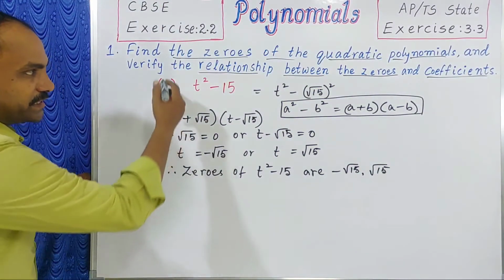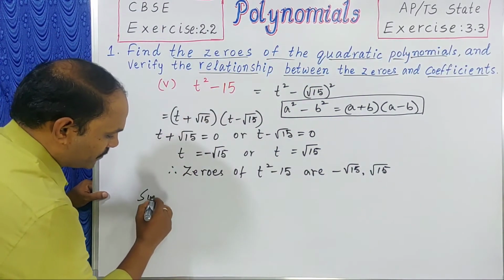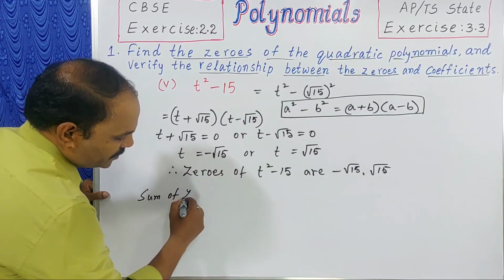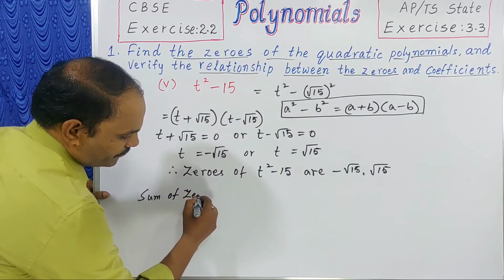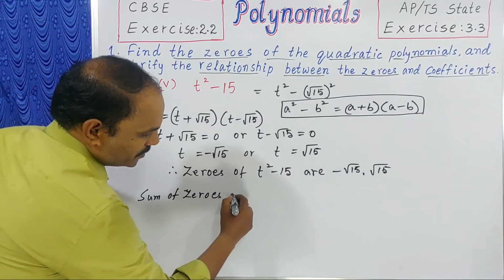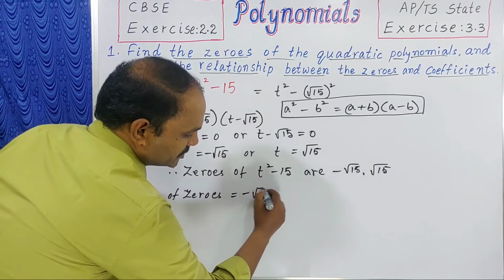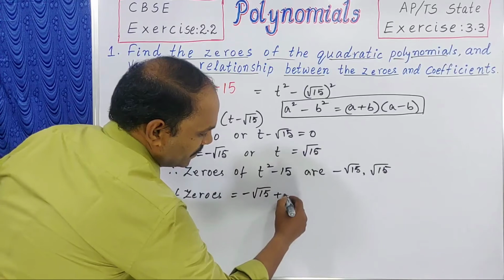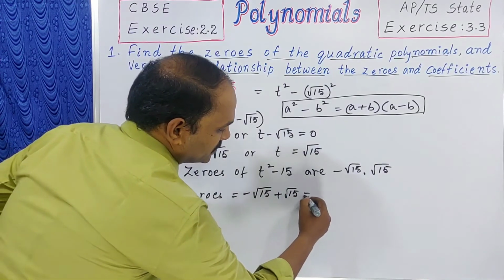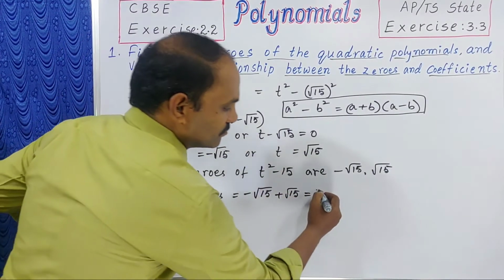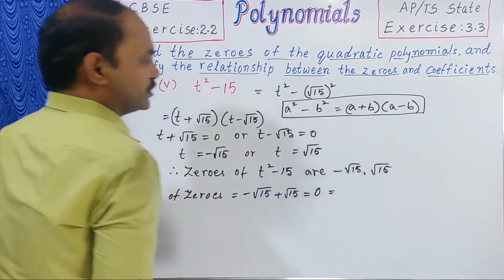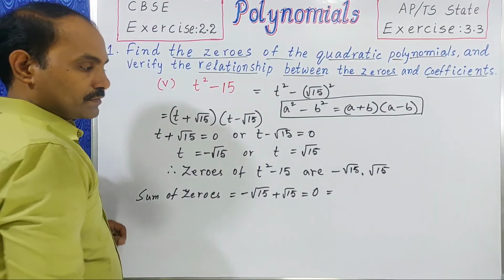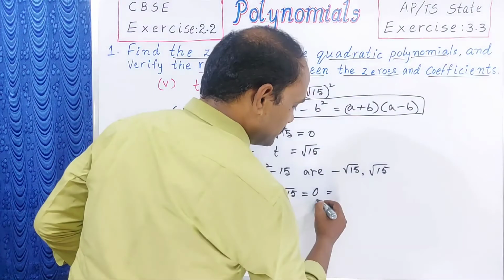Okay, let us check the relation. Sum of zeros is equal to minus root 15 plus root 15, which is both 0. We can write this 0 by 1.